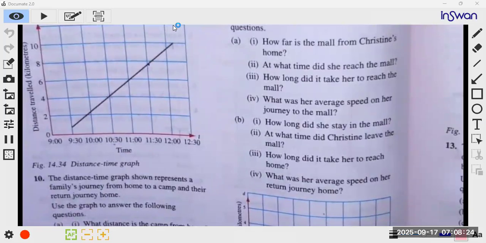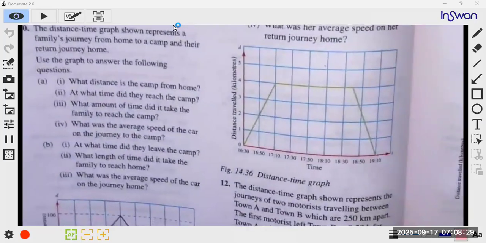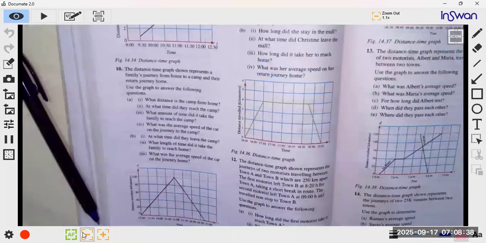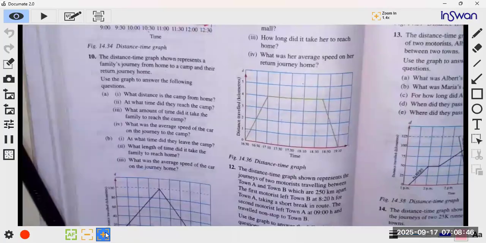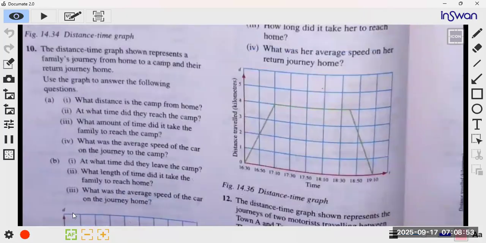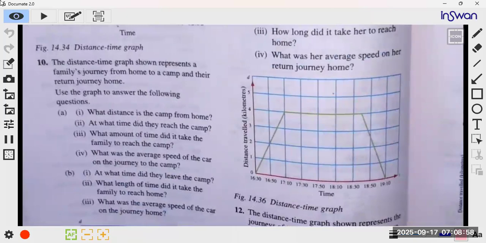So now we're going to do question 10. The only thing is it will be difficult for you all to see the graph, so I need you all to take down the questions. You all see the question? Yes or no? And then I will show you all the graph. So take down the question.